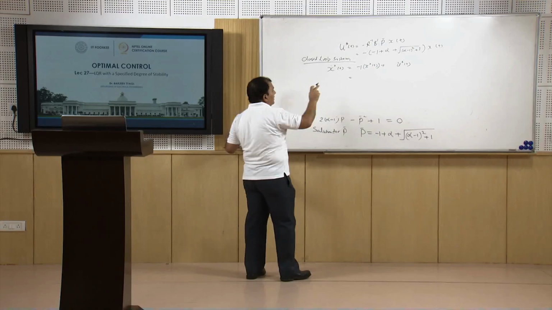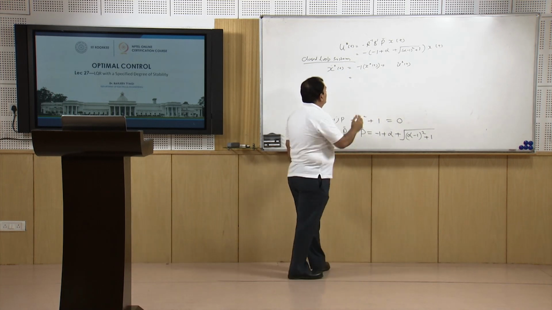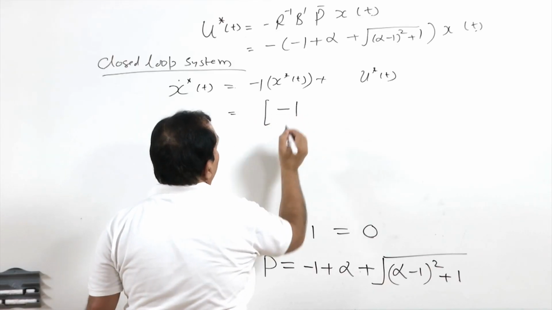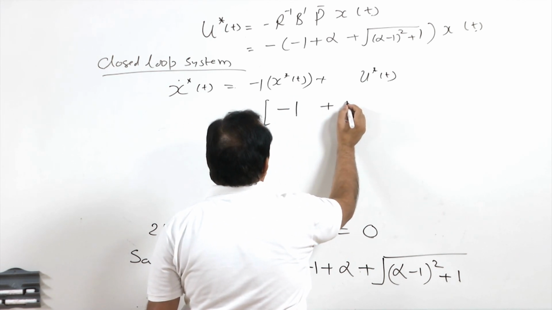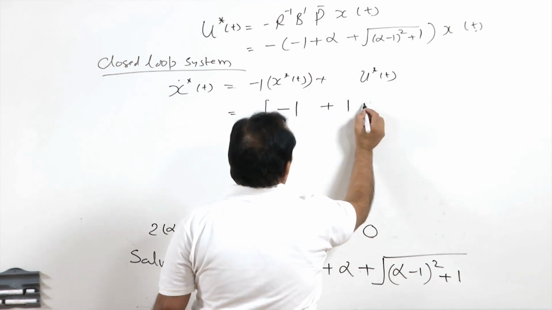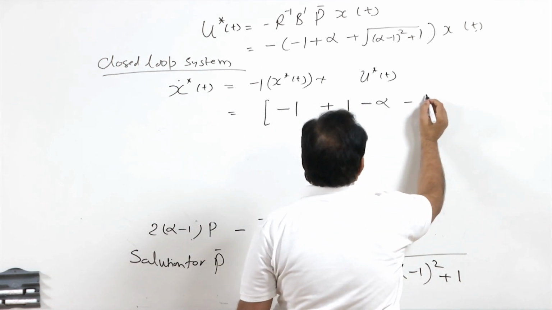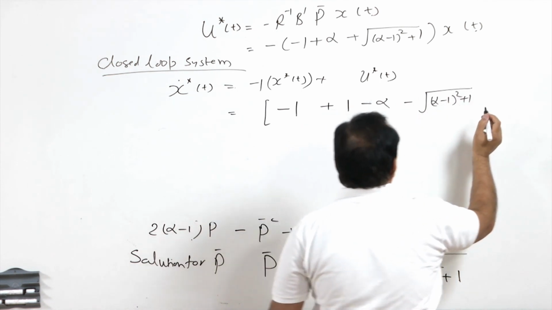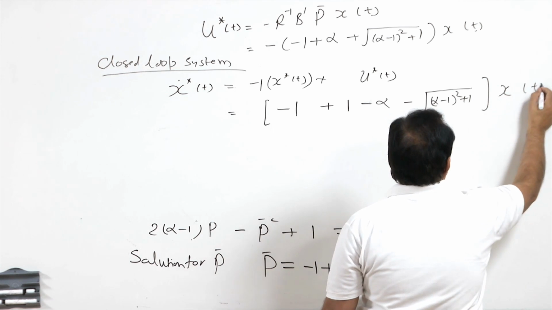So, in this case if we are placing this u, so minus 1 plus 1 if I will multiply this 1 minus alpha minus under root alpha minus 1 square plus 1 into x of t.